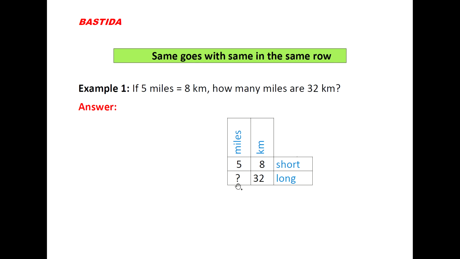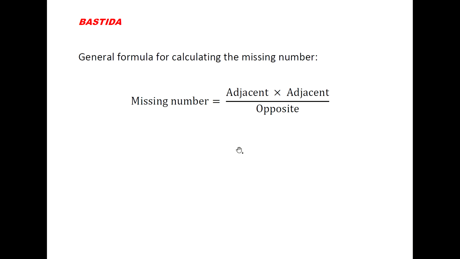How do we find the answer? Well, there is a very simple rule that we can apply. The empty cell here is the bottom left cell, but it doesn't matter where the empty cell is, the rule is the same. And the rule is this formula.